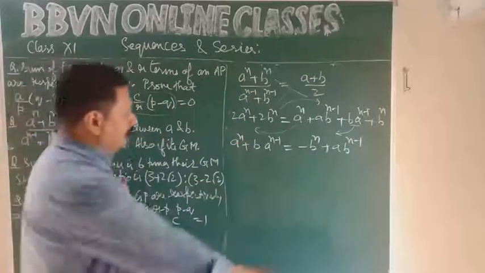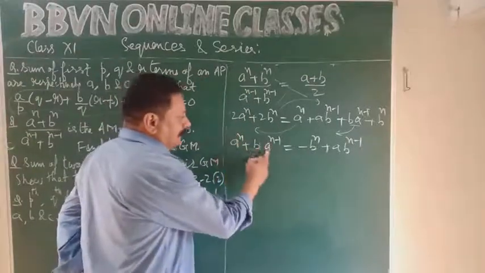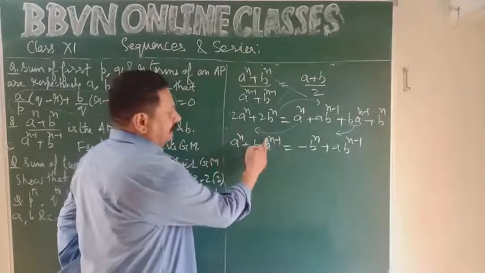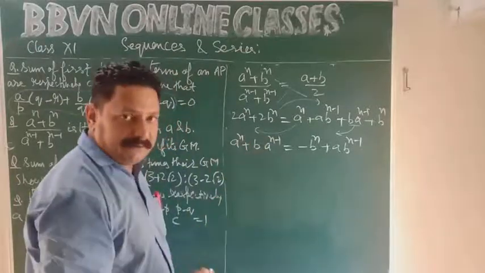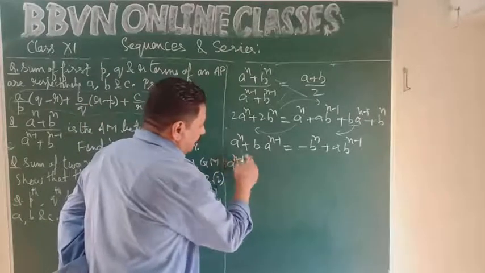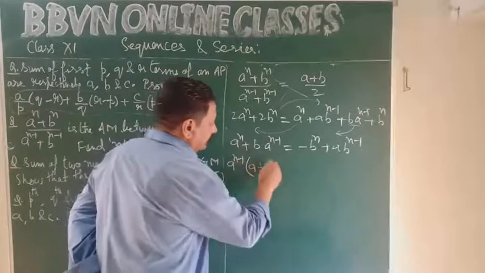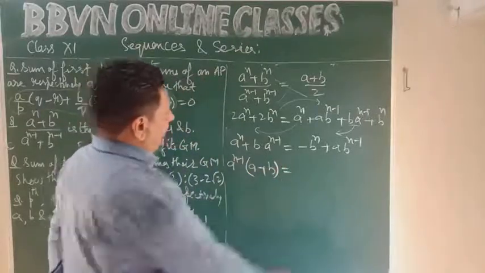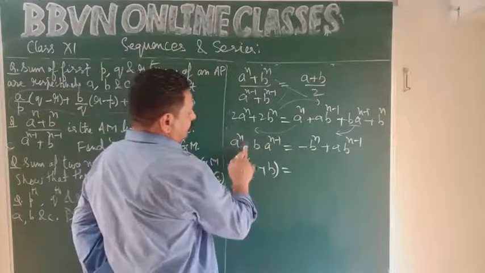Okay. Now this is a power n and this is a power n minus 1. Suppose n is 10. This is a power 10, this is a power 9, so I can take a power 9 common. So a power n minus 1 taken common. I am left with a here and plus b here. When this term was shifted, this becomes negative.